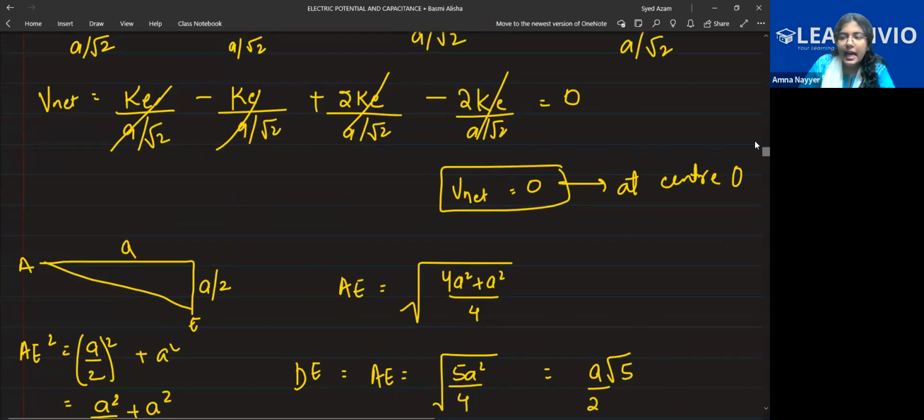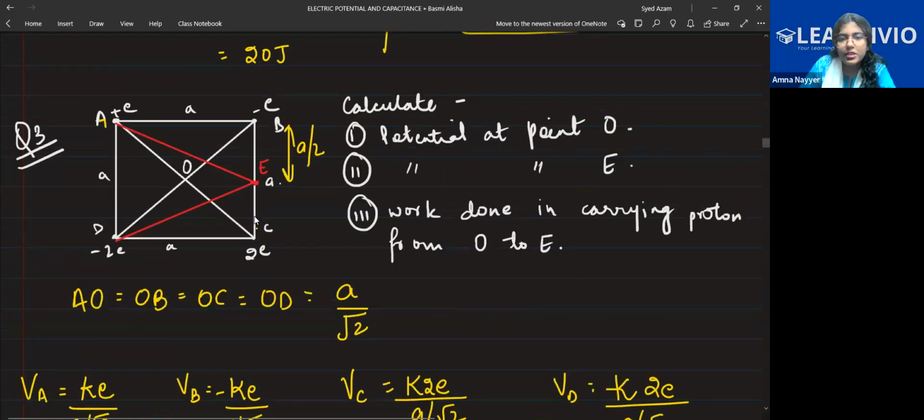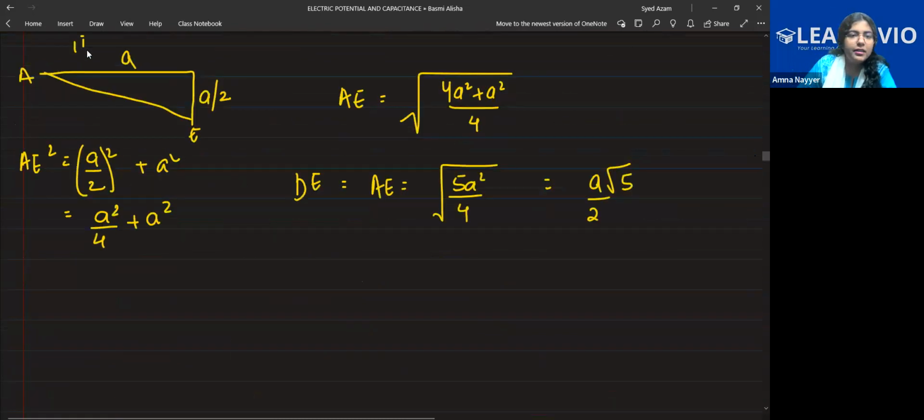And if I say what will be the potential due to C on E, tell me. That will be K2E by A by 2. Perfect. So similarly, we will calculate now for all of it. This is the second part.